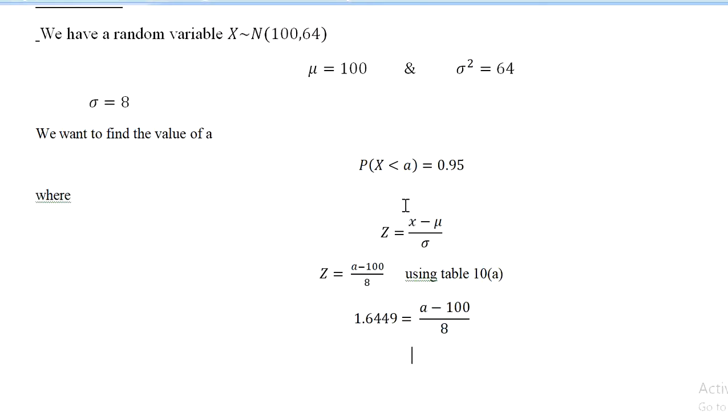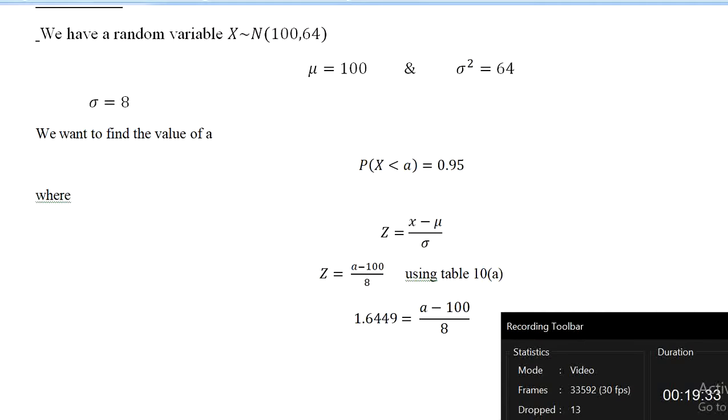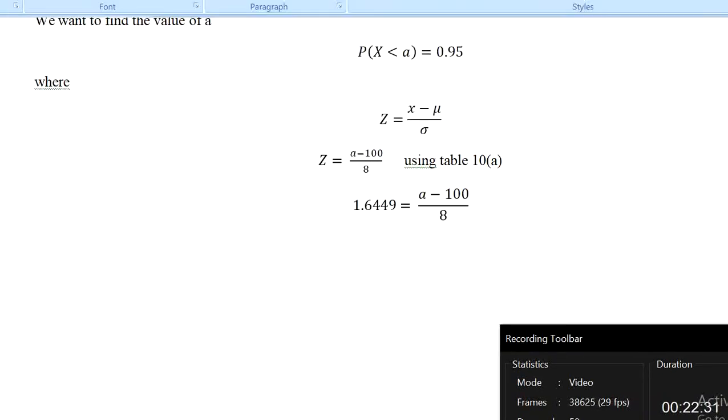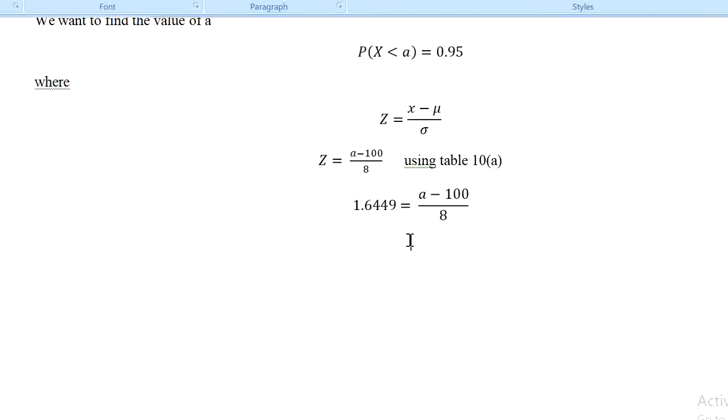So it is a very simple question. You have the values of parameters and you have a probability through which you will find the value of z. So you already have the value of z, mu and sigma, and you want to find the value of a. So you can simply calculate it. All right.